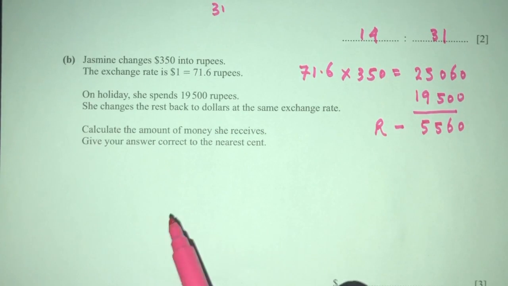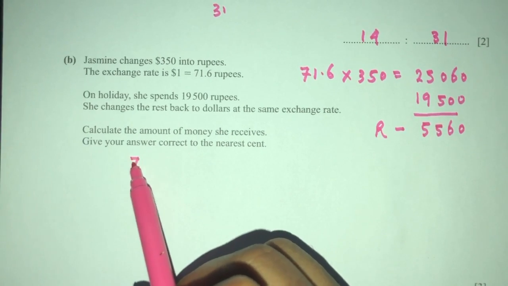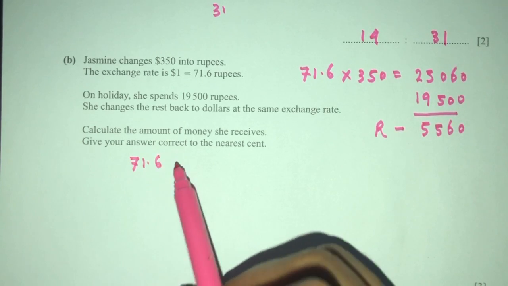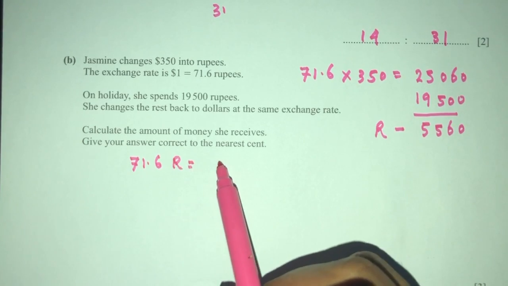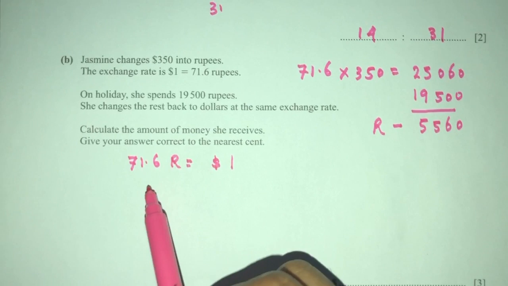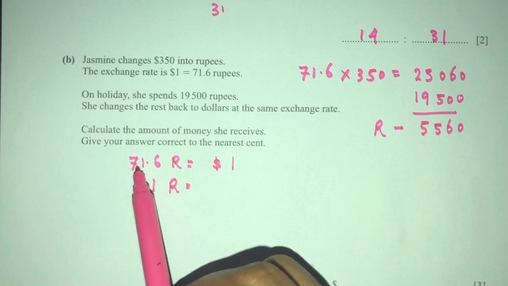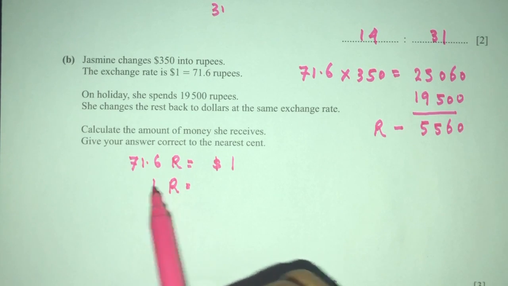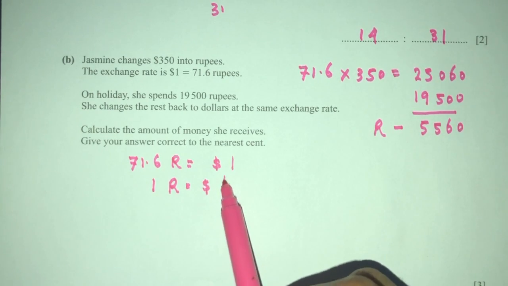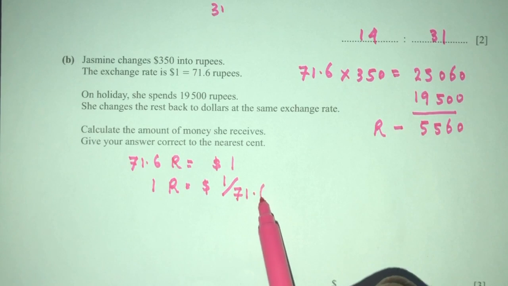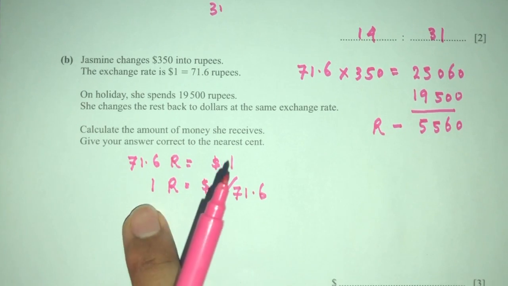So 1 by 1. So pretty easy, you would say. We know that 71.6 rupees is equal to $1. Now, how much is 1 rupee? So 1 rupee is this divided by this to get 1. So this will also have to divide by same thing, so that this can become 1. So 1 rupee is equal to this.